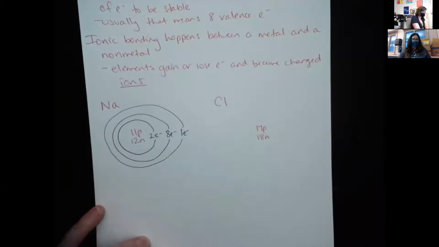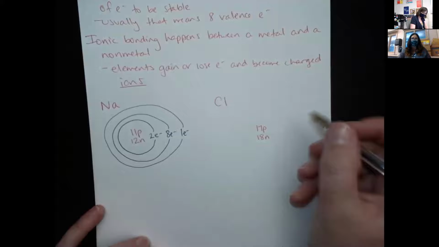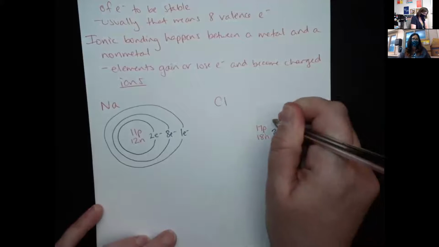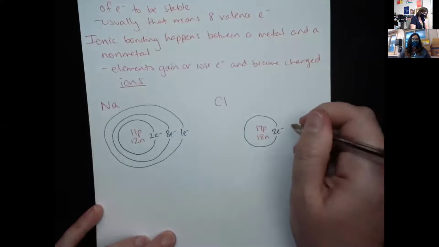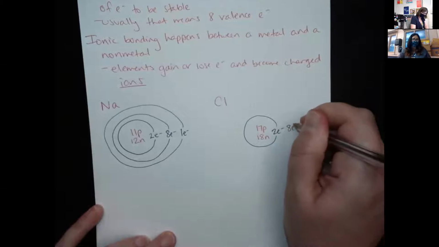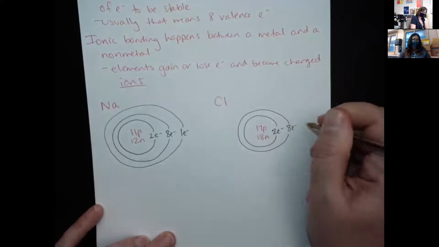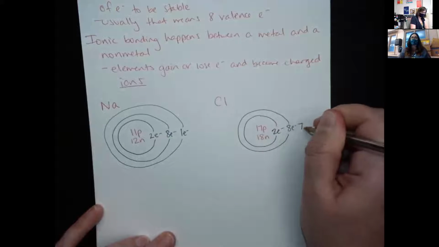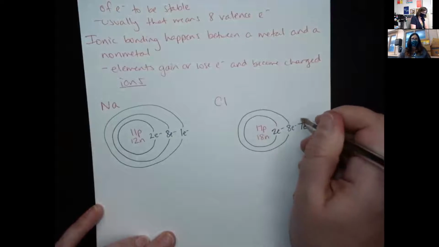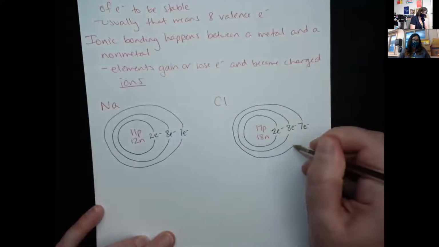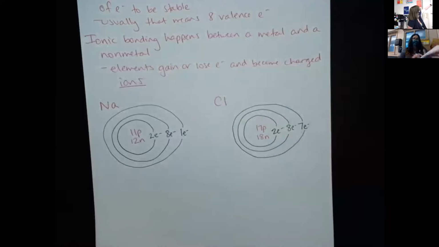How many electrons in the first energy level? 2. How many electrons in the second energy level? And how many electrons in the third energy level? 7. And we can tell that because it's in the third row and it's under the 17, so that means it has 7 valence electrons.